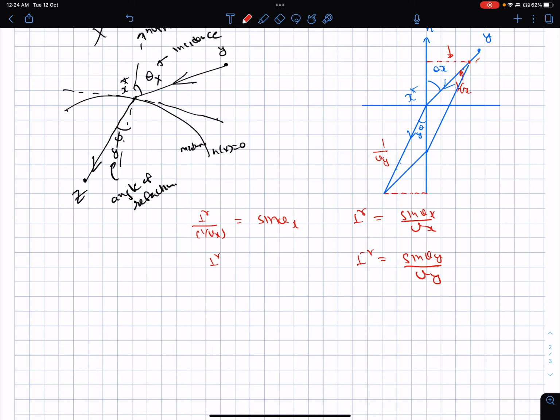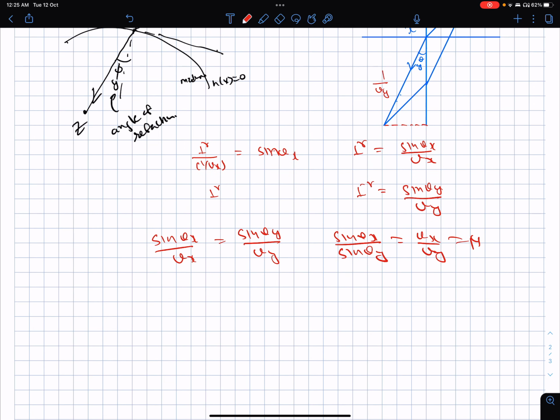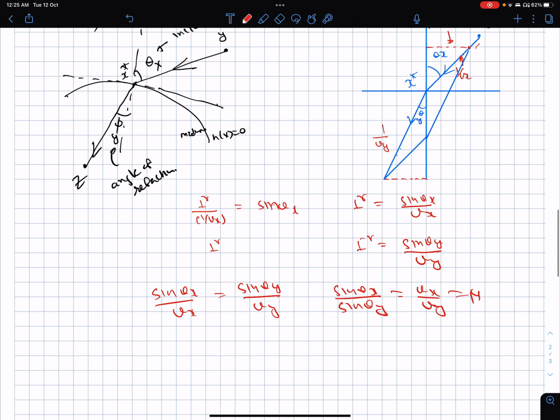So sine of theta x by Vx is equal to sine of theta y by Vy, which is to say that sine theta x by sine theta y is equal to Vx by Vy, which is equal to mu. This is actually the law of refraction: the ratio of the sine of the angle of incidence to the sine of the angle of refraction is in the ratio of the velocities of light in the two mediums, which is equal to mu.